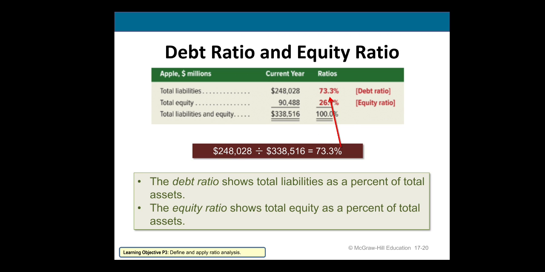If the equity ratio of a business is low, it shows that it is difficult for the business to survive in the future, because most of the assets are financed by debts. So like I said earlier, the interpretation for the equity ratio is the opposite of the interpretation for the debt ratio.